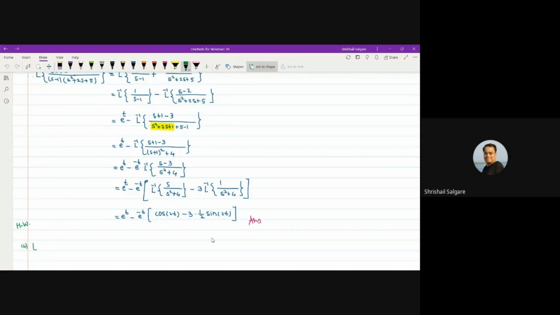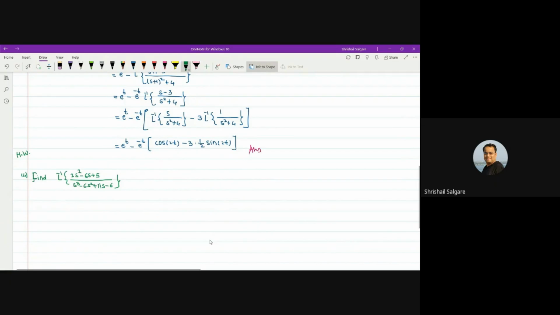So find L inverse of (2s square minus 6s plus 5) divided by (s cube minus 6s square plus 11s minus 6). Okay, that is 14th.